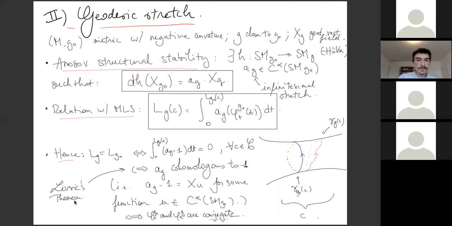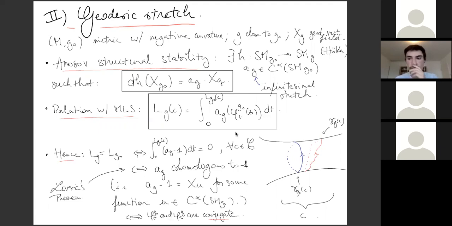When you have a function that integrates to 0 along all closed geodesics, this immediately implies, by a theorem due to Livšic, that A_G minus 1 is cohomologous to 0, which means that there exists a function U such that A_G minus 1 is the derivative of U in the direction of the geodesic vector field X_G0. This is exactly equivalent, by a very elementary exercise, to saying that the two geodesic flows are conjugate.